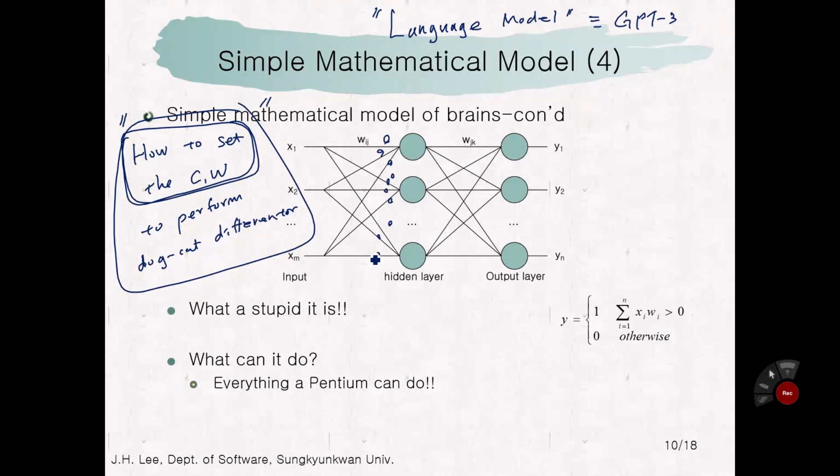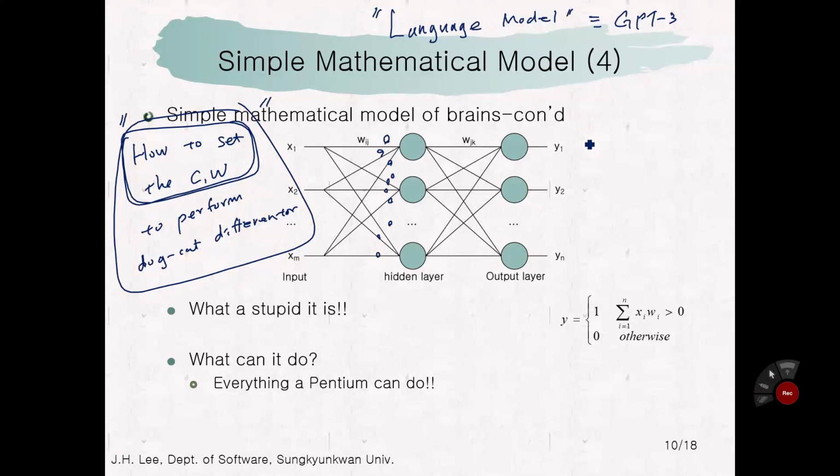I want to make this neural network a dog-cat differentiator, but I don't know how to set up the connection weight. Then you cannot perform dog-cat differentiation with the neural network. If you do not know how to set up the connection weight, then you cannot make a GPT-3 with this neural network. So this is very important: how to set up the connection weight.